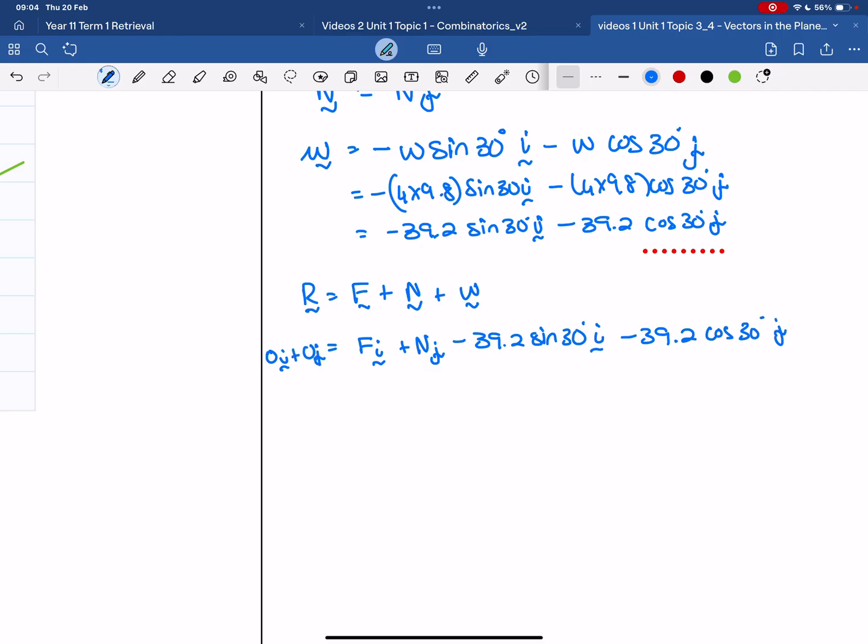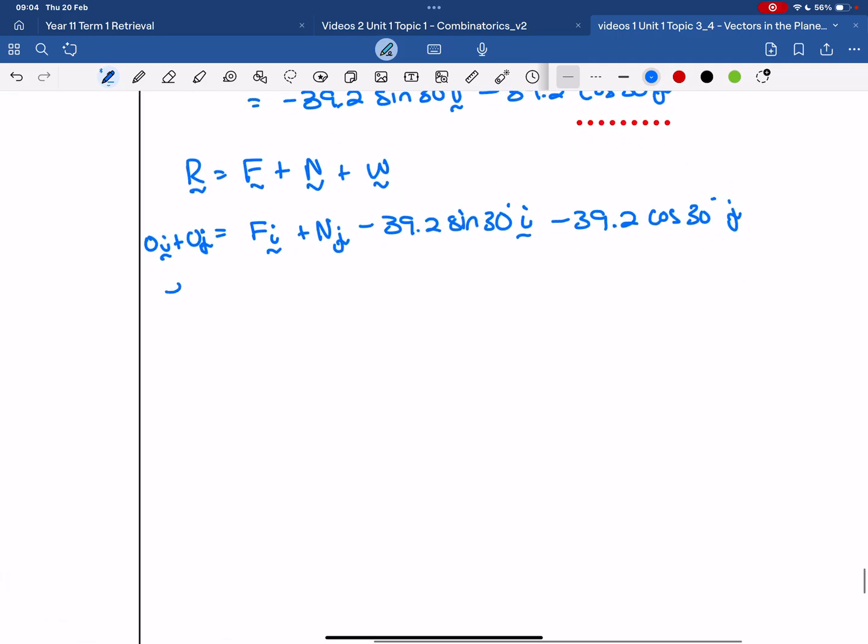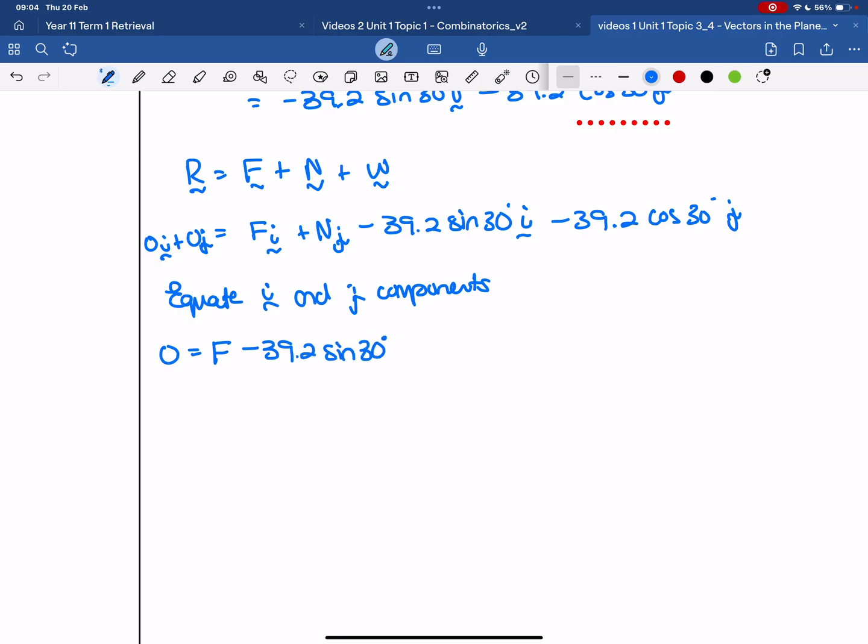Once I've got that, I can equate my i and j components. So I've got 0 is equal to F minus 39.2 sine of 30, and 0 is equal to N minus 39.2 cos of 30.